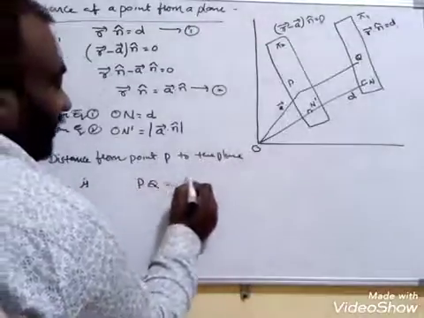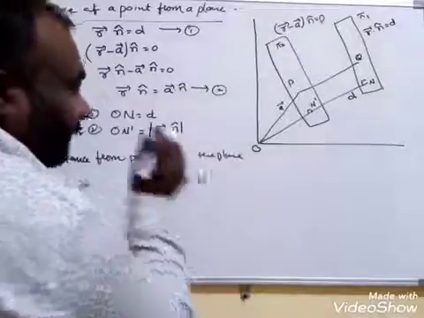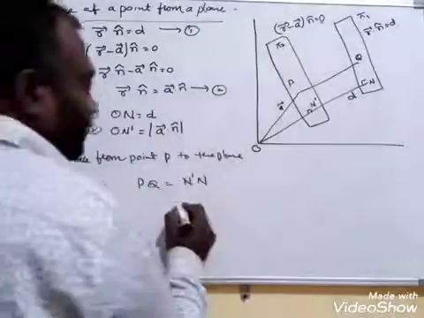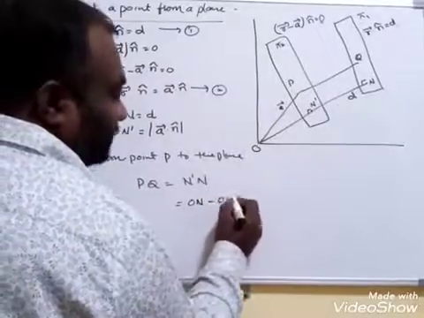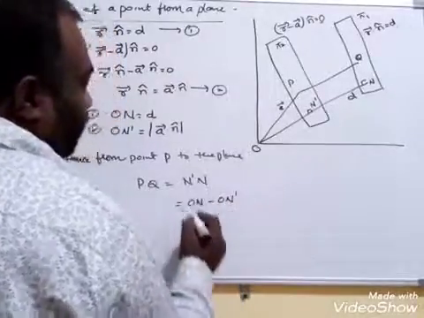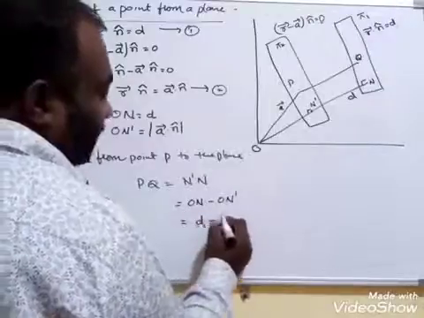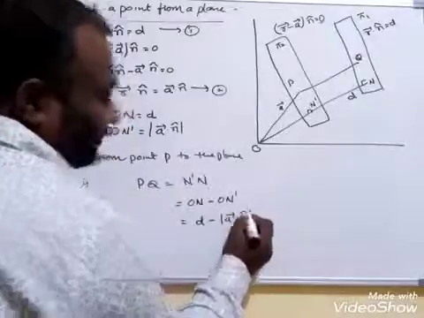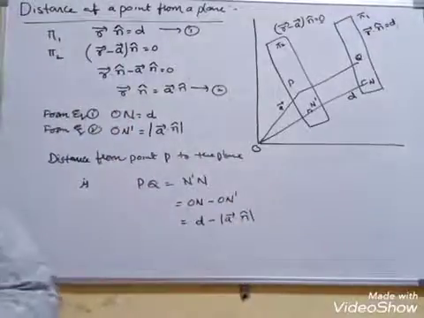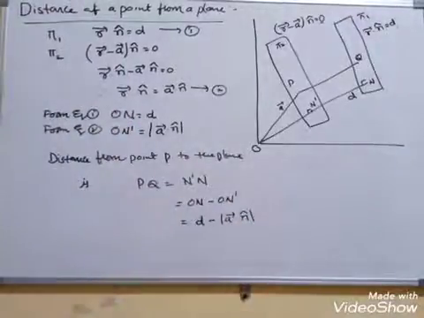PQ is nothing but N dash N, that is nothing but ON minus ON dash. Therefore, ON is D minus the modulus of a bar dot n cap.